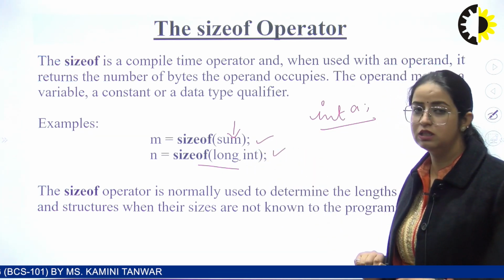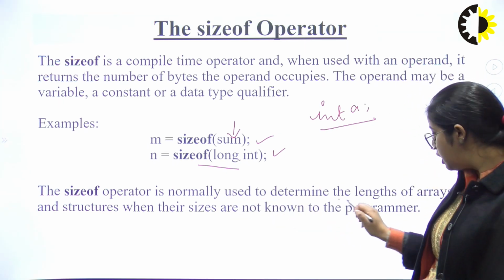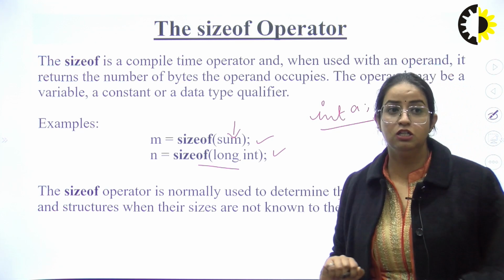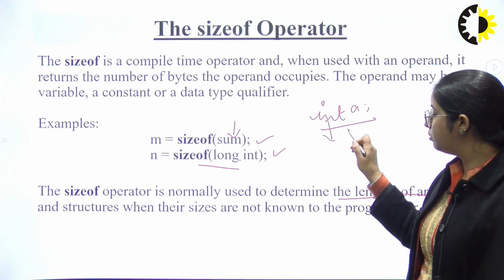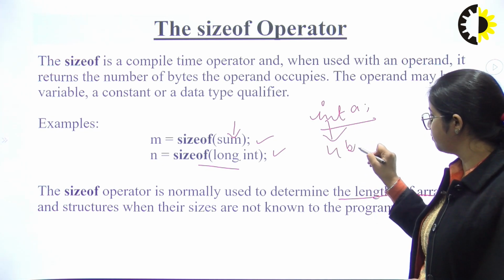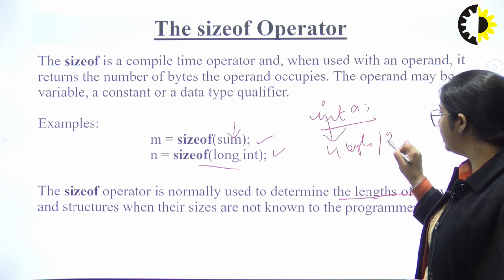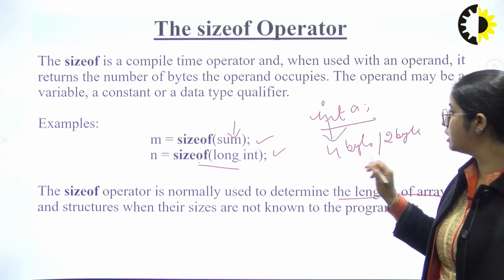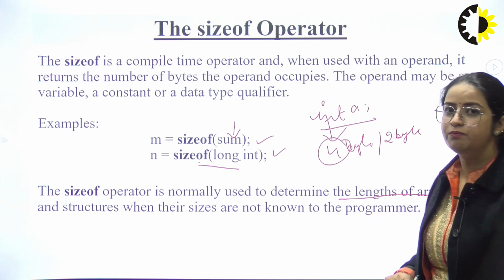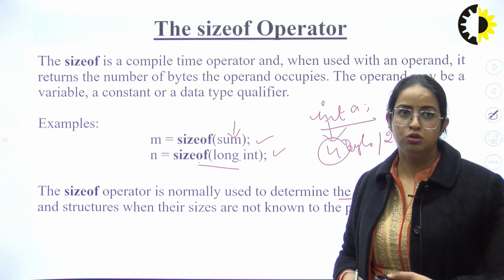You can calculate the size with different types. The sizeof operator is normally used to determine the length of arrays and structures where the size is not known to the program. We know an int takes 4 bytes, or 2 bytes depending on the compiler, and with the help of the sizeof operator you can easily get the size. So this is the use of the sizeof operator.